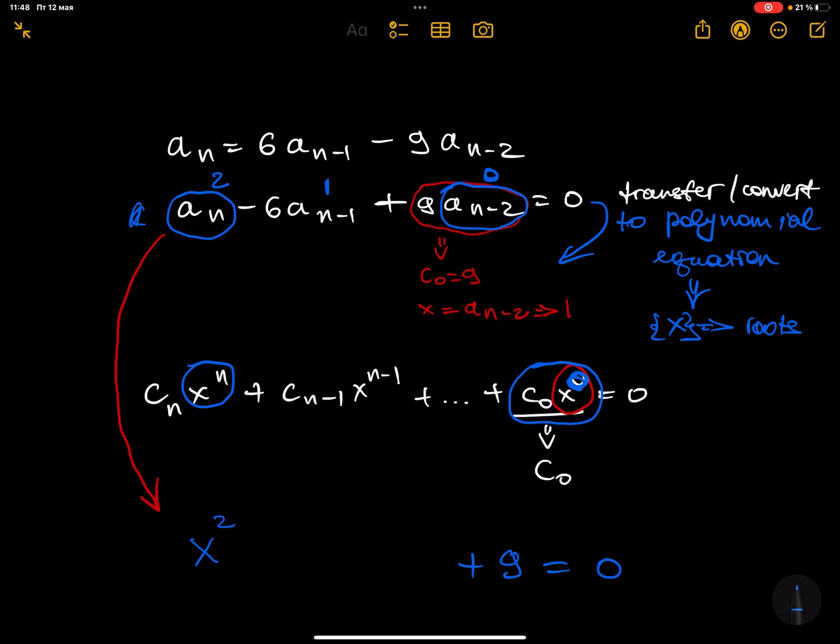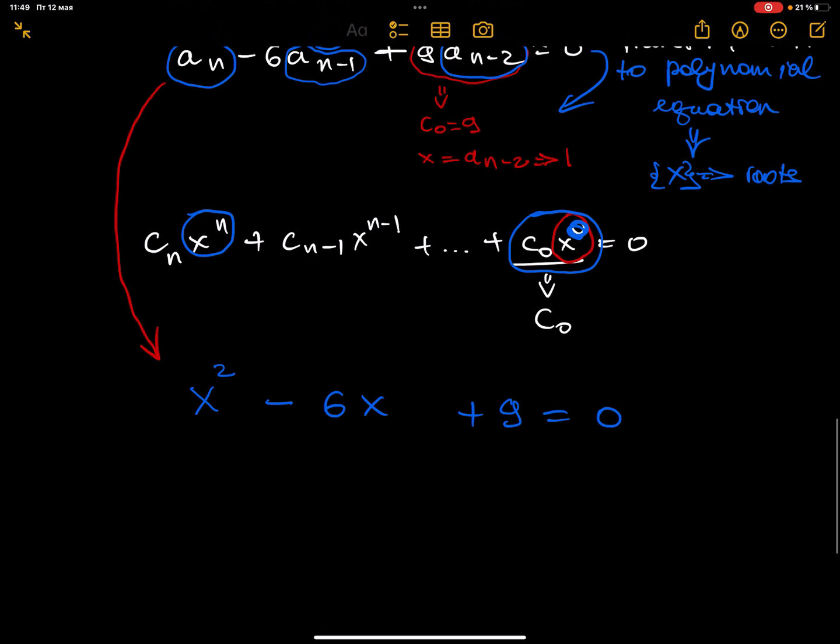There's no C coefficient, there's just 1, so this is just x in the power of 2. Minus 6x in the power of 1, so just x, because this element has the power 1. So now we converted our recurrence relation to a polynomial equation.